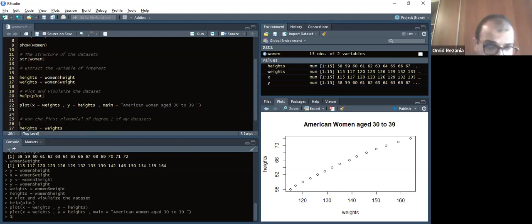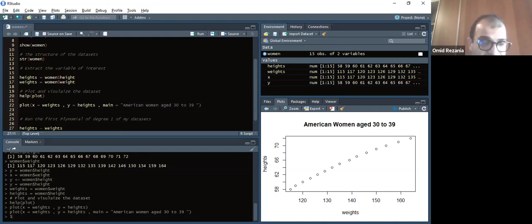Okay, this is the function which we have, correct? You see that in the model, we had A times weight plus intercept. A was our slope, B was our intercept. However, when we want to estimate them in R, we do not show them explicitly. We do not write them.